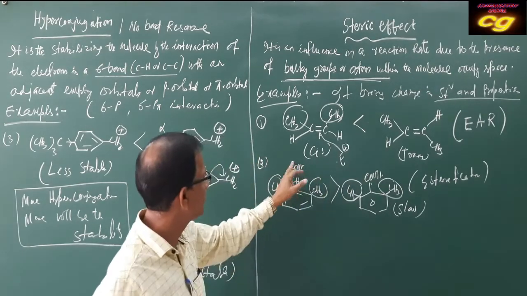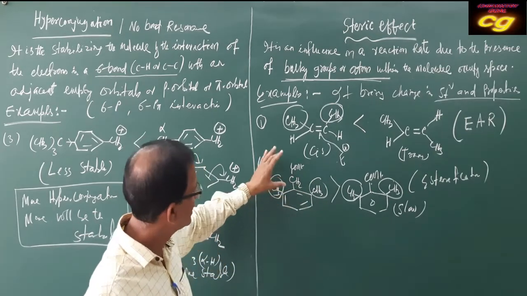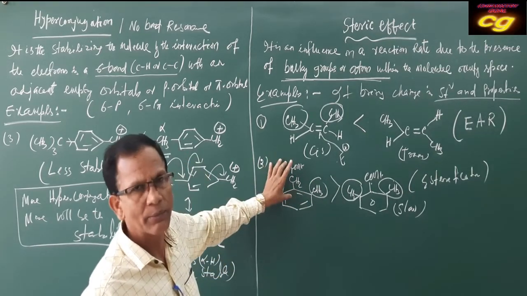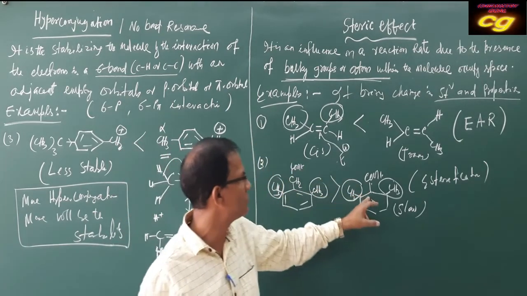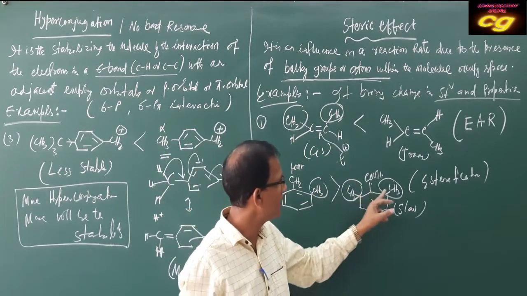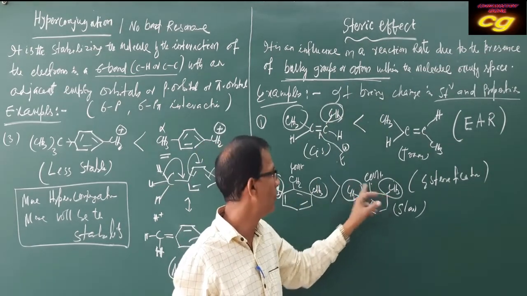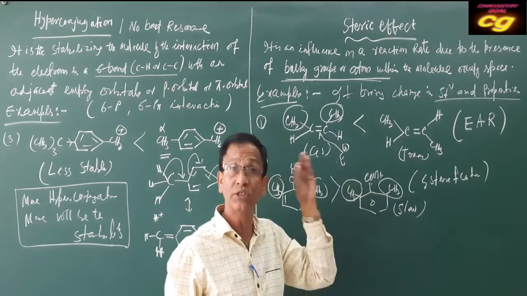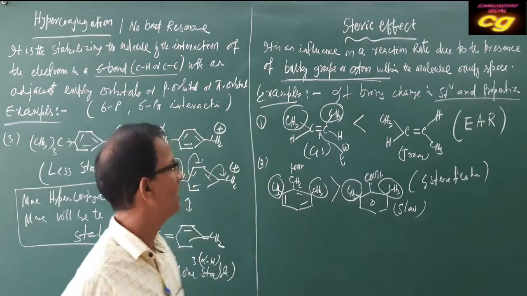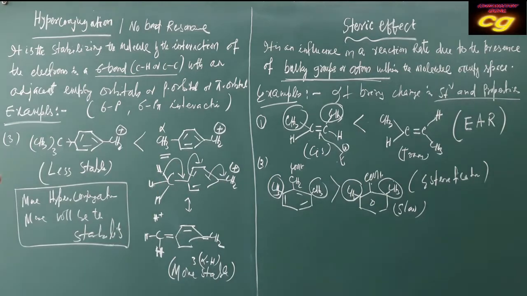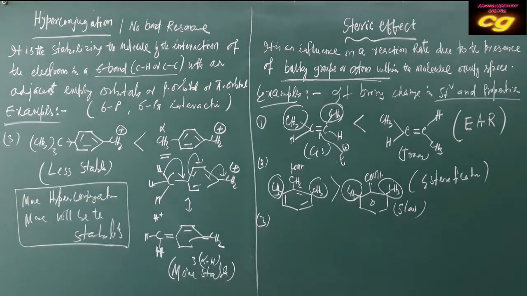But here the carboxyl group maintains some distance from the bulkier group. That's why this carboxylic acid is more reactive than the second one, which has steric effect: a more bulkier group attached, no space for alcohol to attack the carboxyl group. That's why reactivity is slow. This is very important. You have to practice these examples.